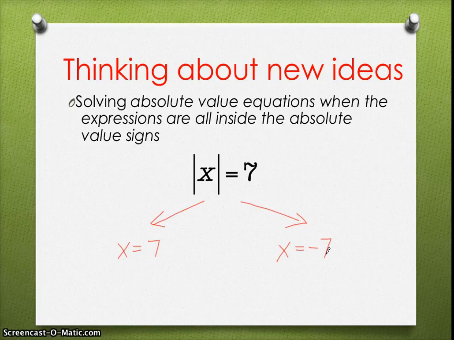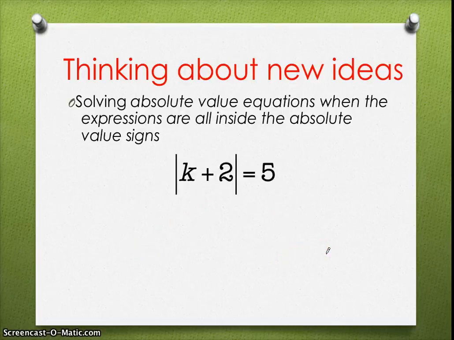So let's look at an equation that takes our variable expression and does some operations with it. Once again, we have this type of equation where everything is inside those absolute value signs, inside these bars. So we have the absolute value of k plus 2 equals 5. So we're asking ourselves that whatever's inside the absolute value signs must have a distance of 5 from that 0.